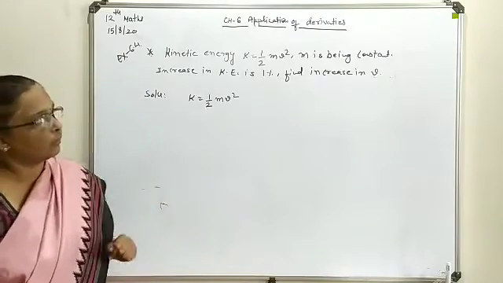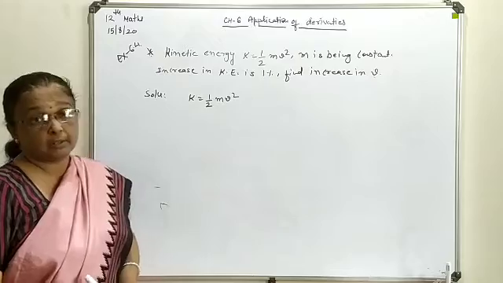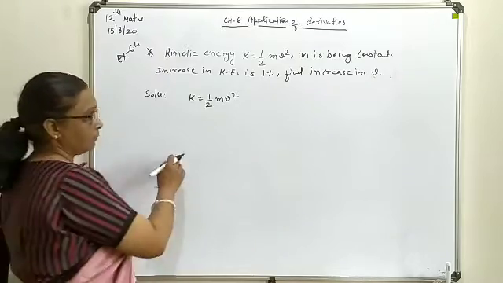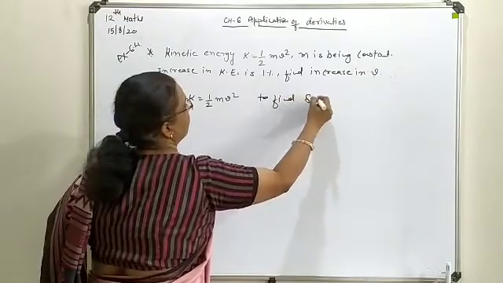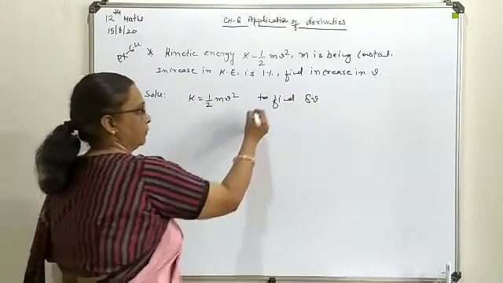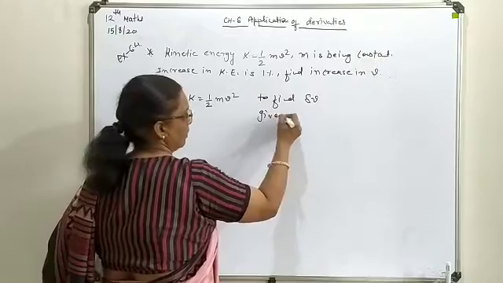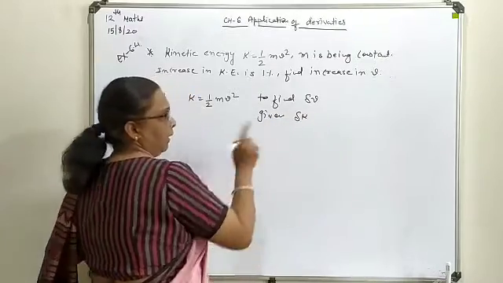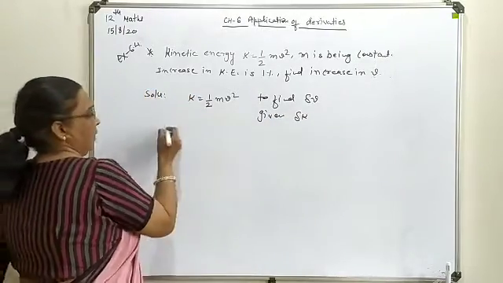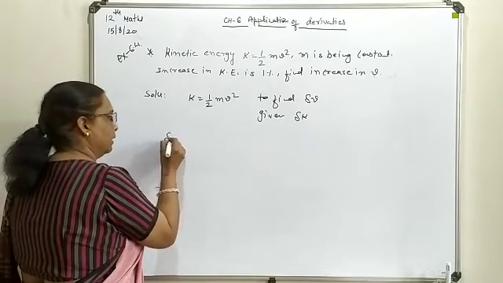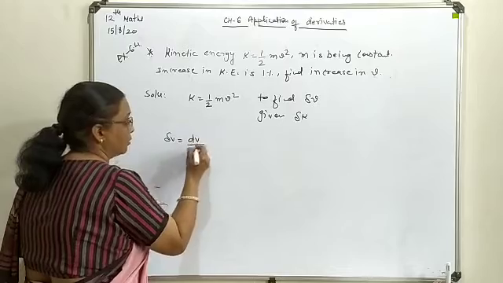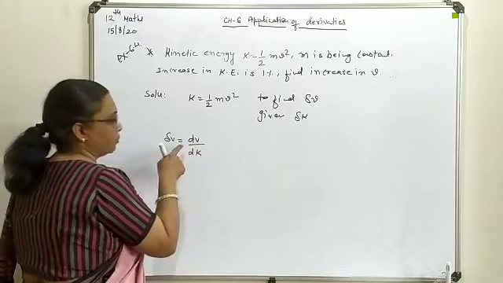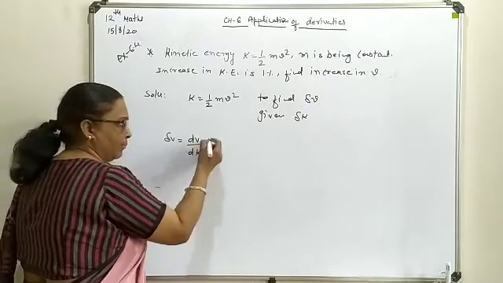Here we require delta V. Delta K is available, and the term we require is delta V, so we need the relation between these two parameters, meaning dV by dK.